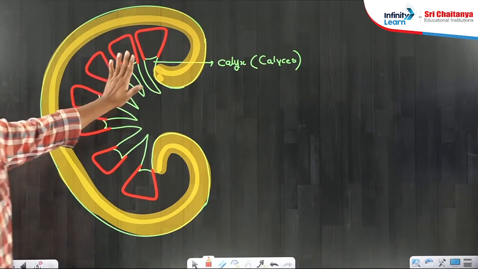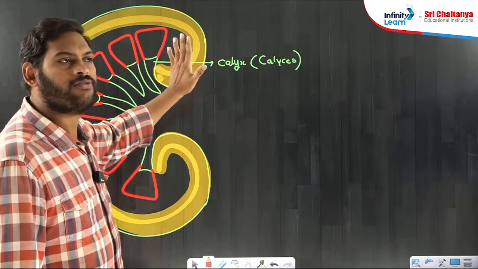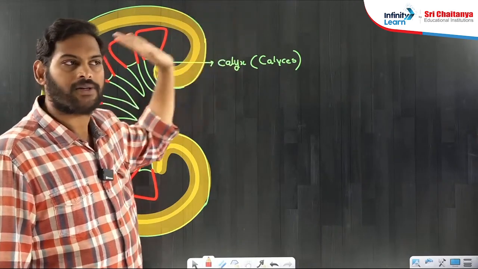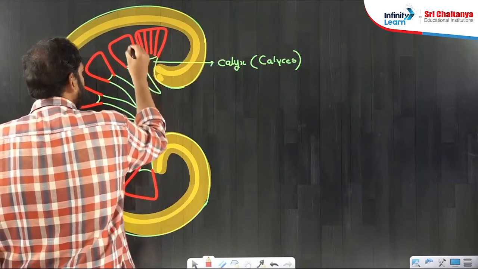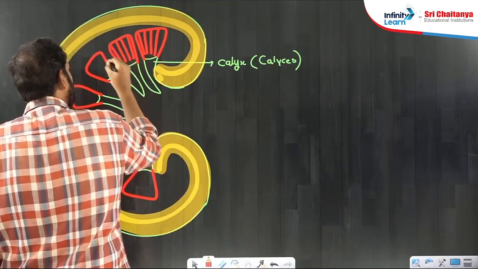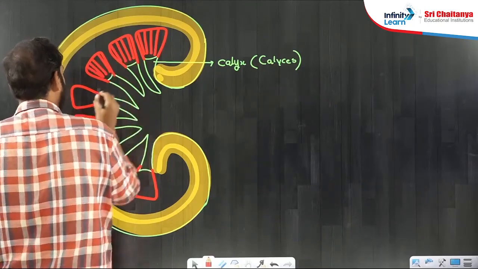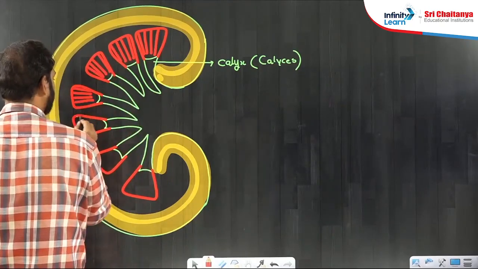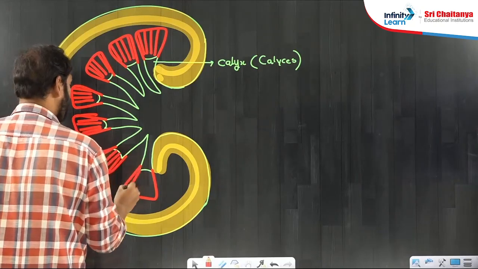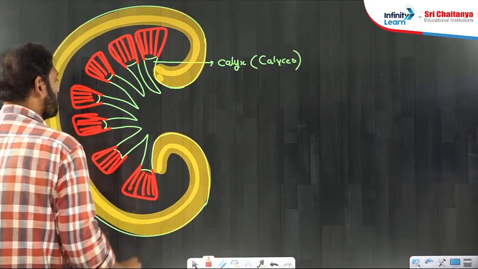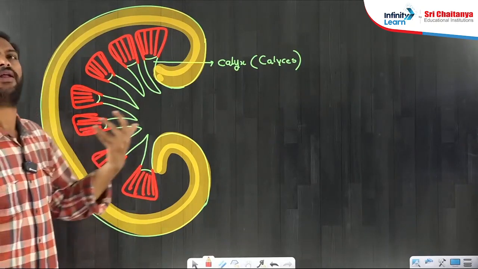Those are triangular pyramid-like shaped structures referred to as renal pyramids. These are renal pyramids.